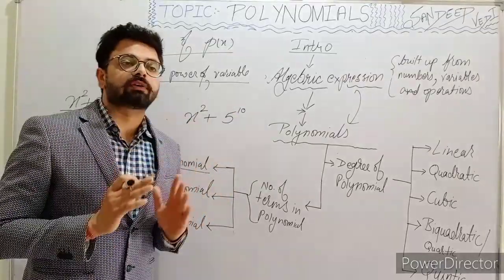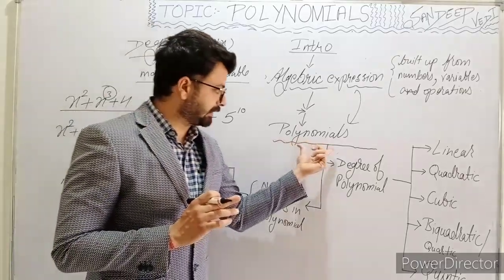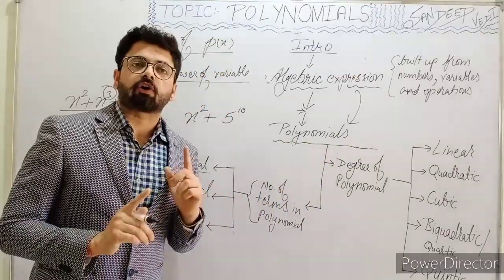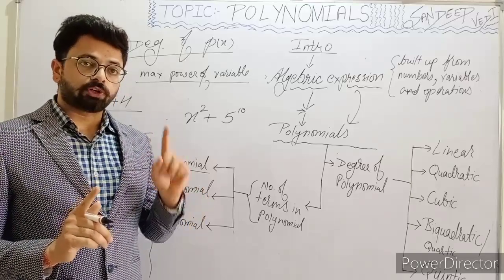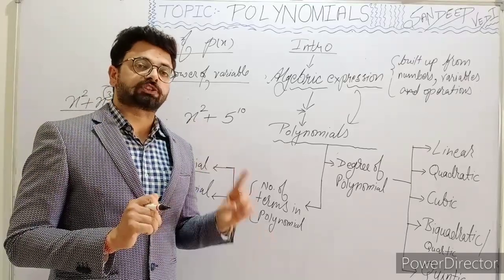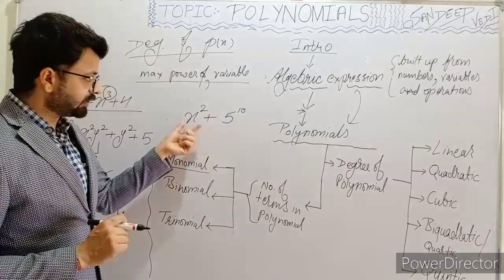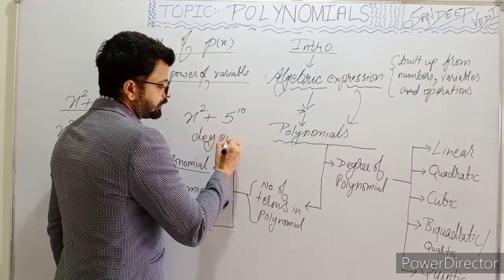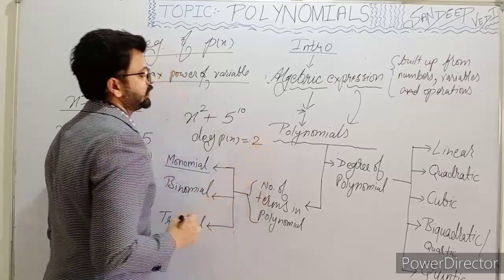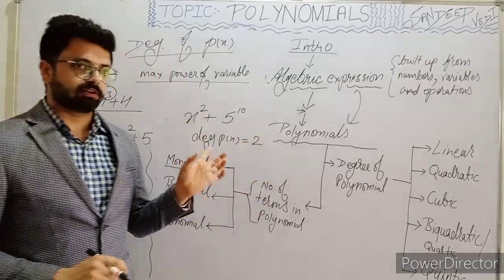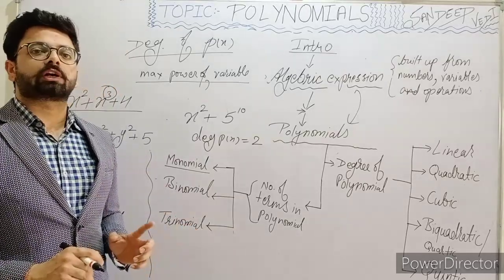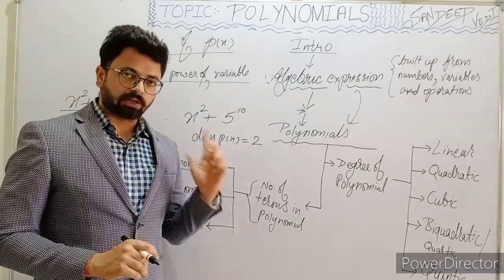You see what we studied in the definition of a polynomial: the maximum power of a variable. Point to be noted, the power of the variable. So here the variable's power is 2, so the degree of this polynomial is 2, not 10, because 10 is the power of a constant and we are talking about the power of the variable.